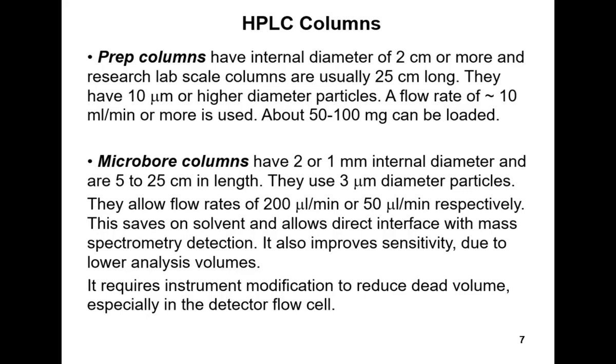If the flow rate's too high, then the vacuum system can't cope with that amount of liquid going in. But because of the low volumes involved, you have to reduce the size of the tubing and things like the detector flow cell, so that you minimize the amount of diffusion leading to peak broadening in the chromatograph.